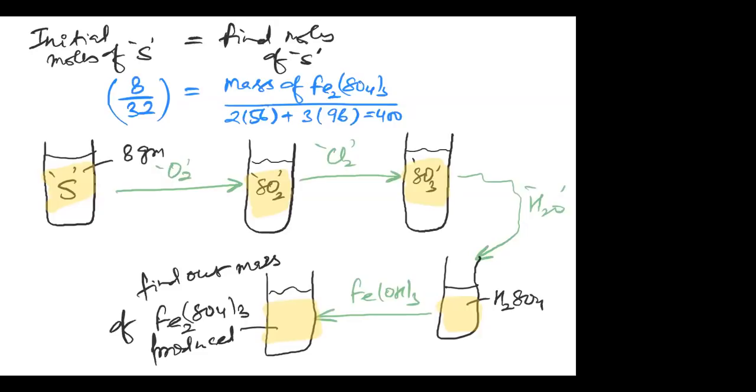So this is nothing but the moles of ferric sulfate, mass divided by molecular mass, and every mole of ferric sulfate consists of three atoms of sulfur.